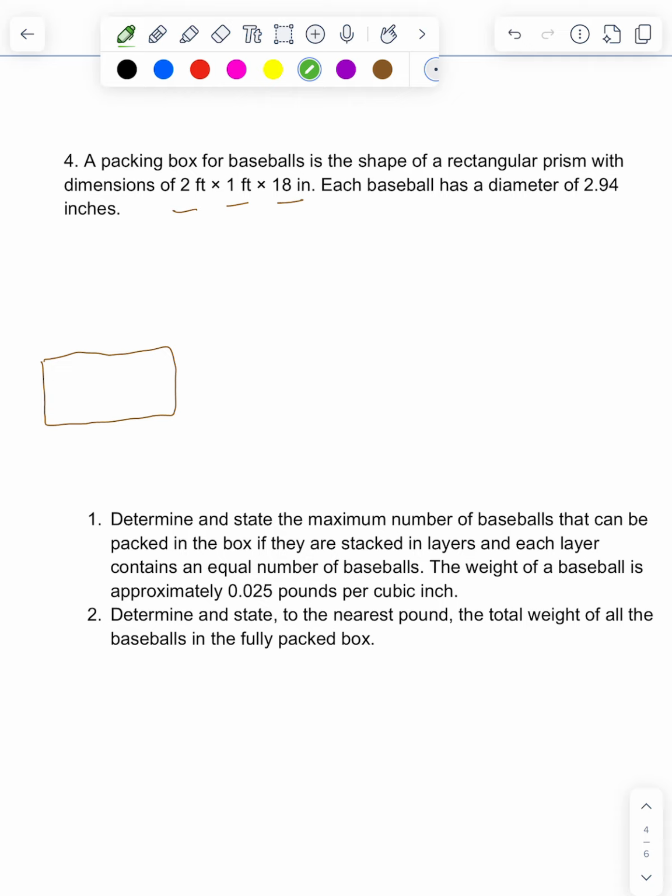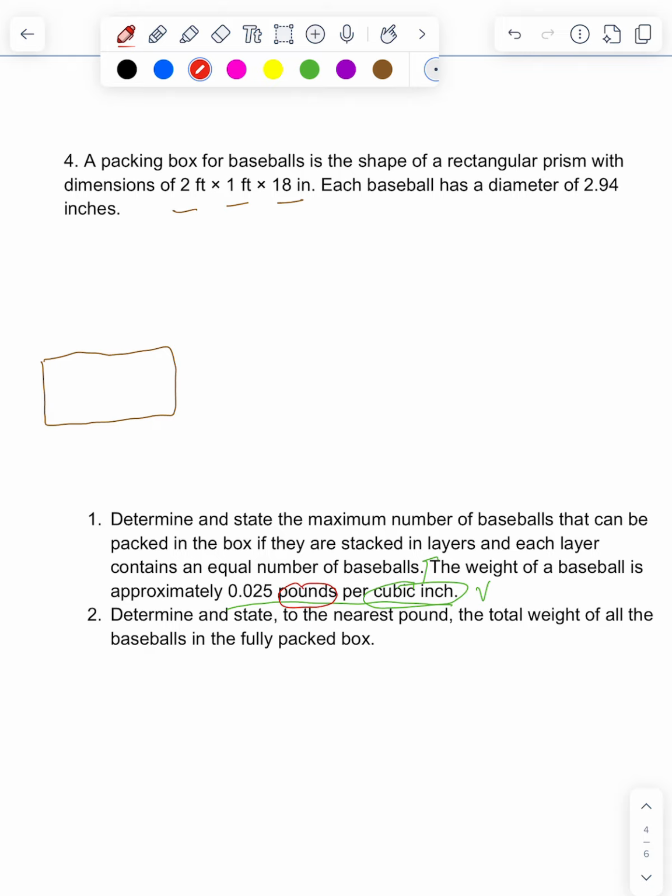If you read the questions, you'll notice that in the second question, actually I messed this up here because this starts the second question here. In the second question, it says the weight of a baseball is approximately 0.025 pounds per cubic inch. And notice how it uses cubic inches for the volume measurement in the density.